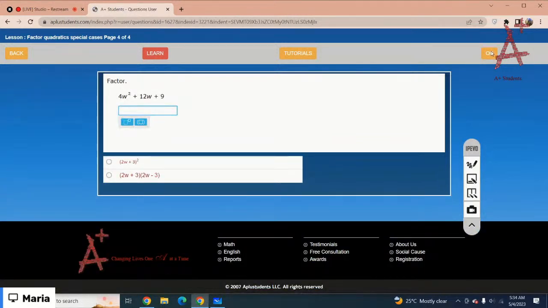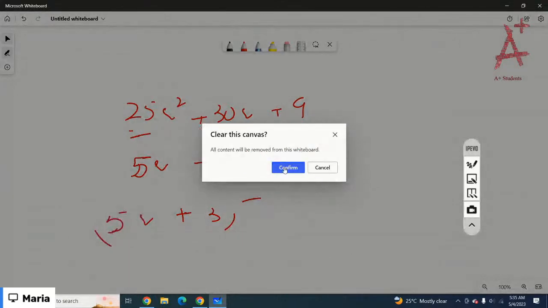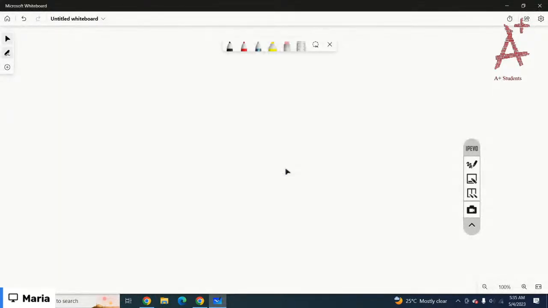Okay, the next one is 4w square plus 12w plus 9. Let me just do it on board. 4w square plus 12w plus 9. So 4w square is the square of 2w and 9 is the square of 3.